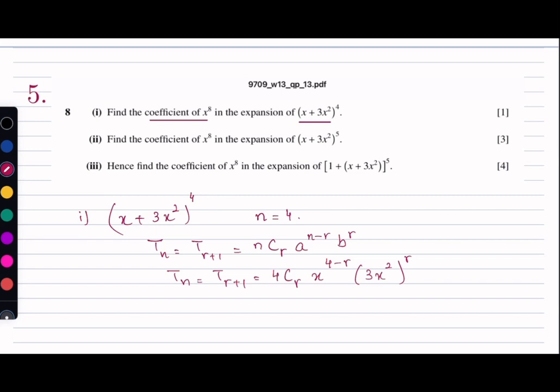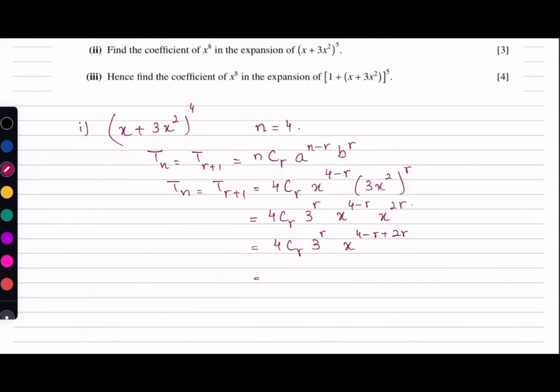So again, taking all the values on one side as 4Cr 3 to the power r and x to the power 4 minus r and x to the power 2r, and then I can say that the general term formula is 4Cr 3 to the power r x to the power 4 minus r plus 2r, or I can say that this term formula shall be 4Cr 3 to the power r and x to the power 4 plus r here.